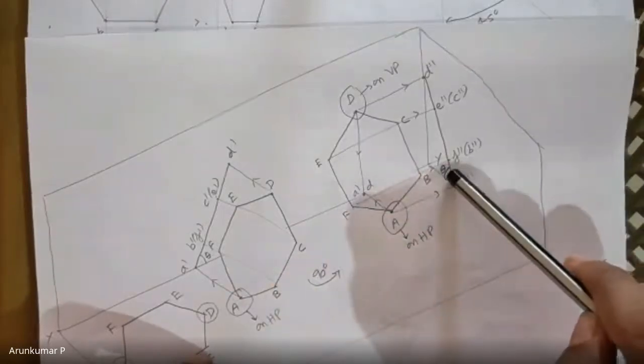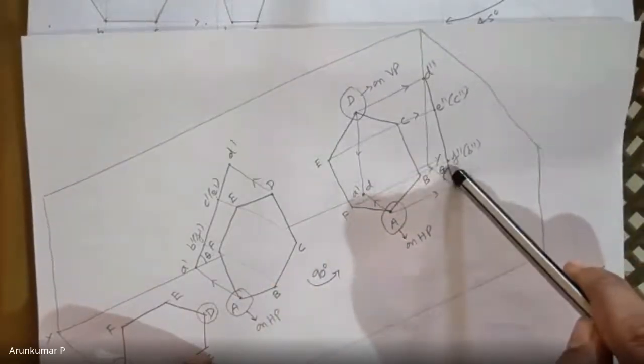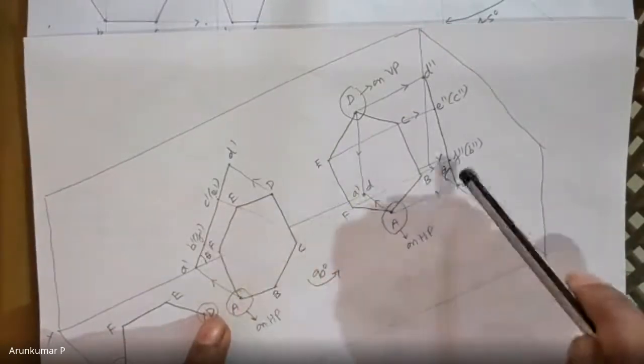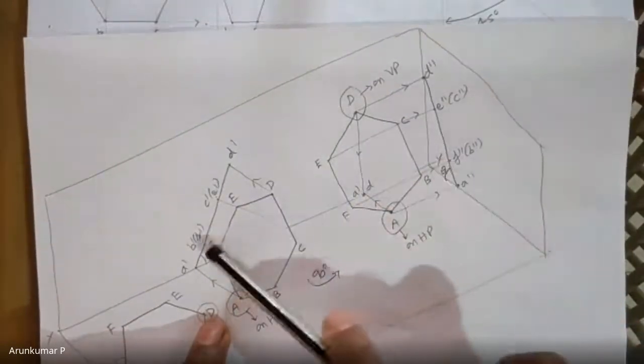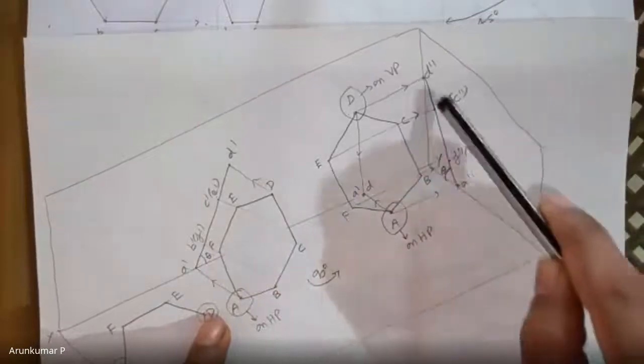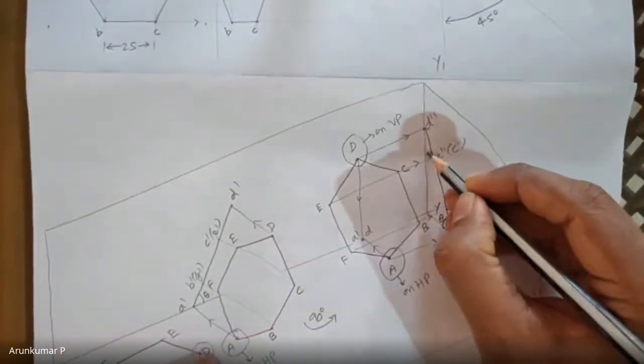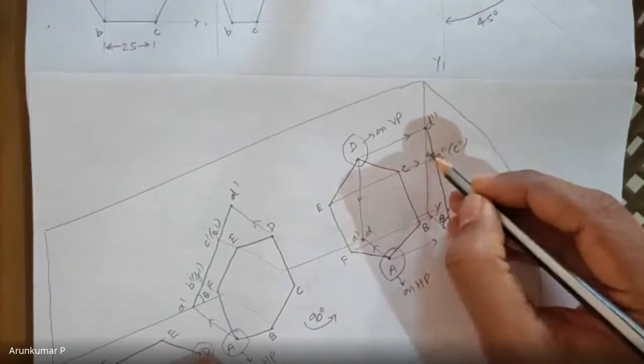See, if you see in this side view, I've told that whatever is the inclination to HP will be seen. If this is 60 degrees, this is also 60 degrees. What do you think is this inclination?